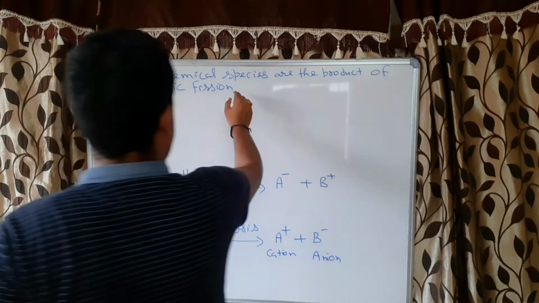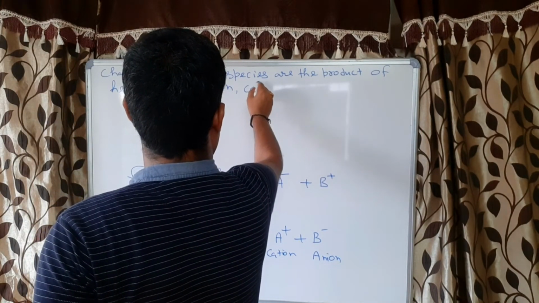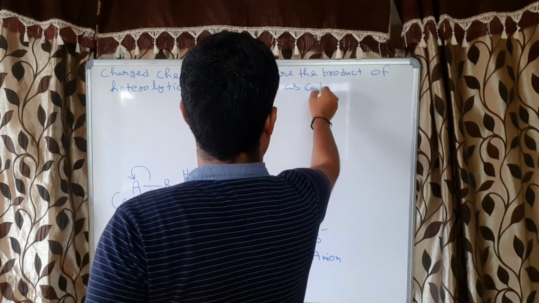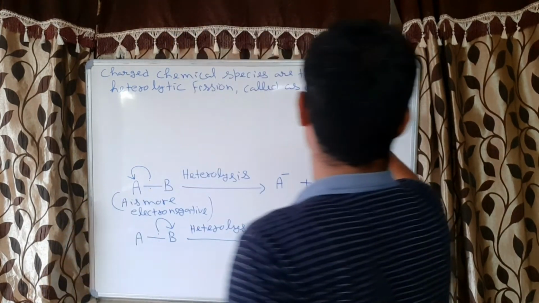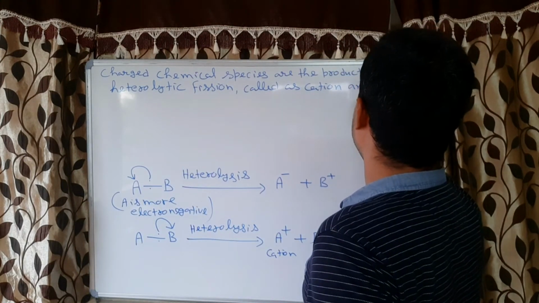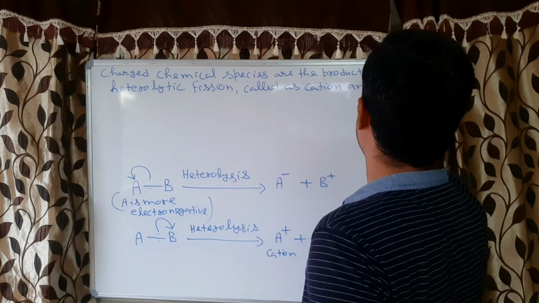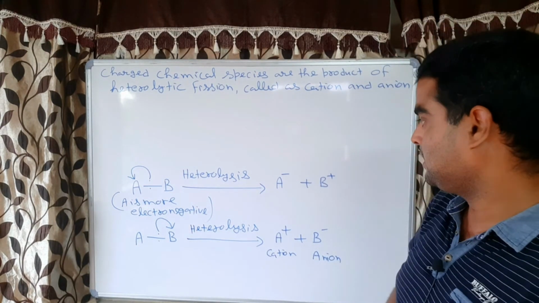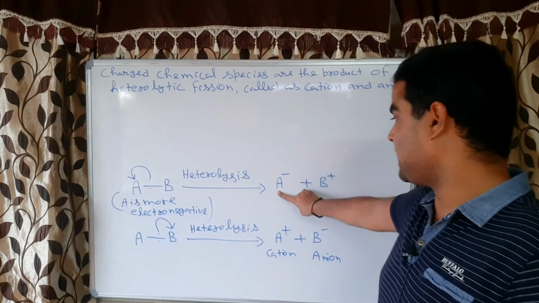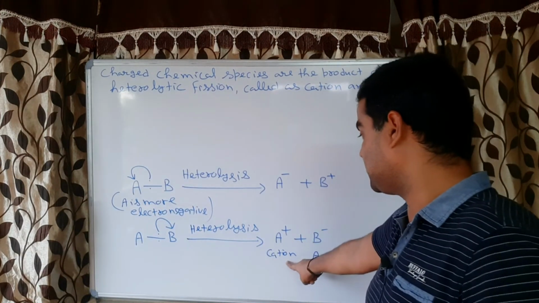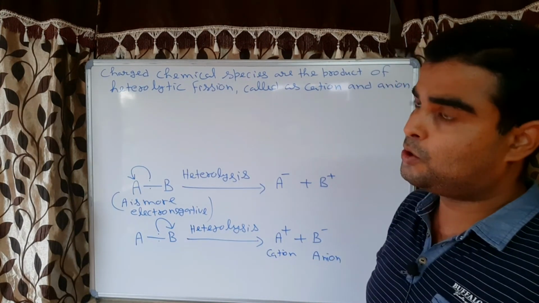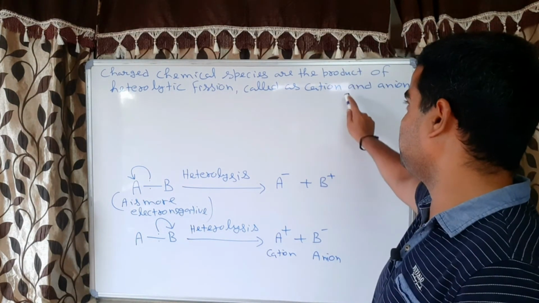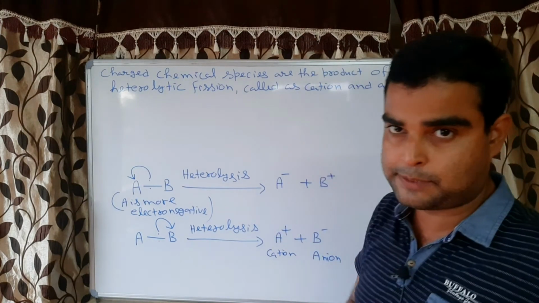And they are called cation and anion. Now here I am not writing respectively, because here this is the anion and this is the cation, but there this is the cation and this is the anion. So any atom can be cation or anion. So here I am just writing cation and anion, not respectively. Correct?